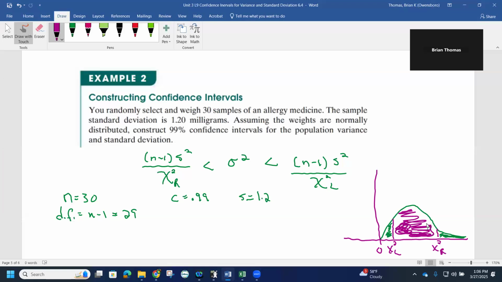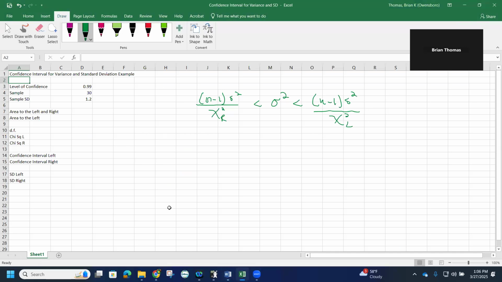What we need to do to start with is find the area to the left and to the right of the level of confidence. To do that, what we can do is go 1 minus the level of confidence. So we can make a formula that says the area to the right and left is going to be 1 minus the level of confidence.